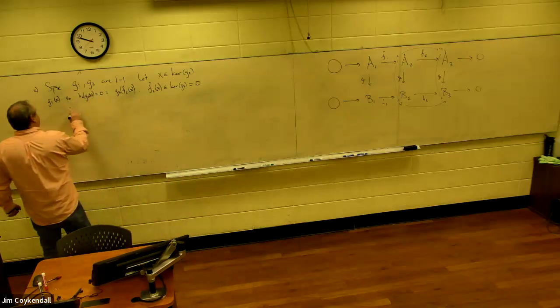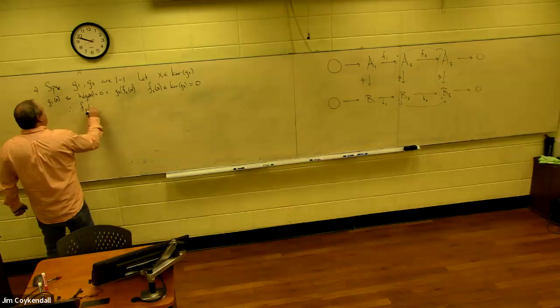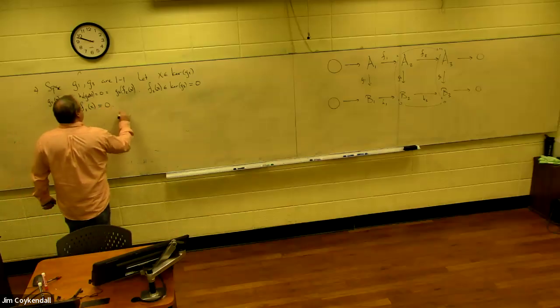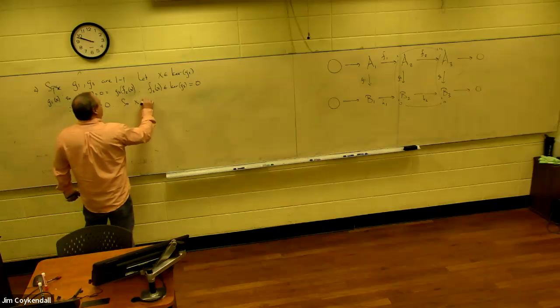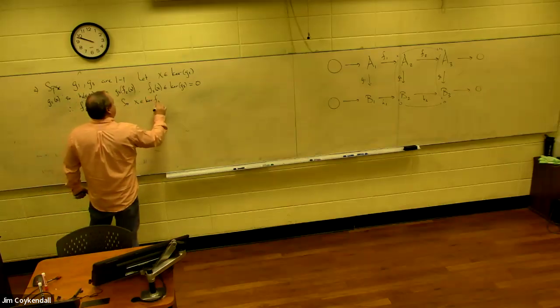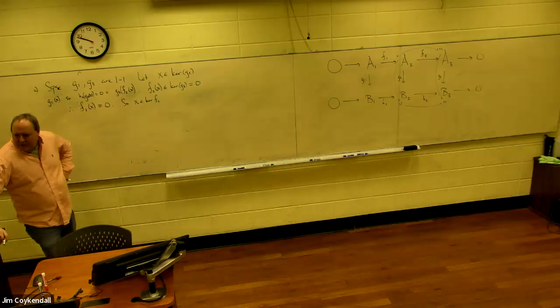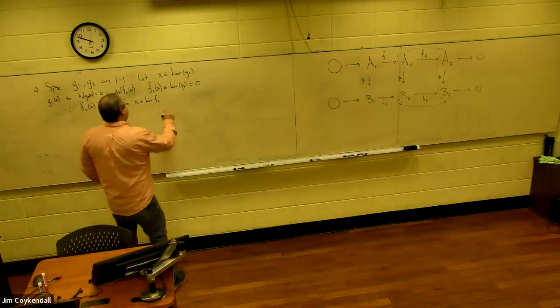Therefore, F2 X is equal to 0. So X is in the kernel of F2. Everybody agree? But what is the kernel of F2? Can you tell me exactly what it is? It is the image of F1.